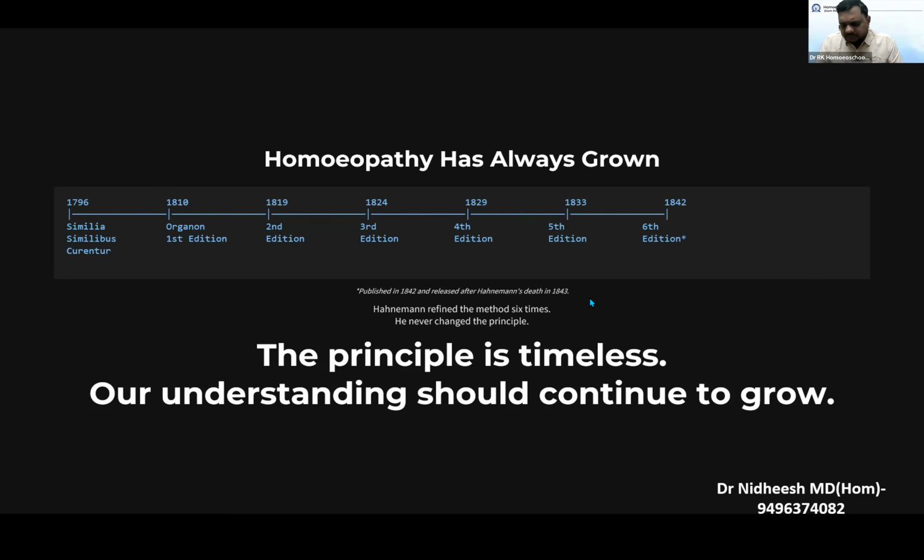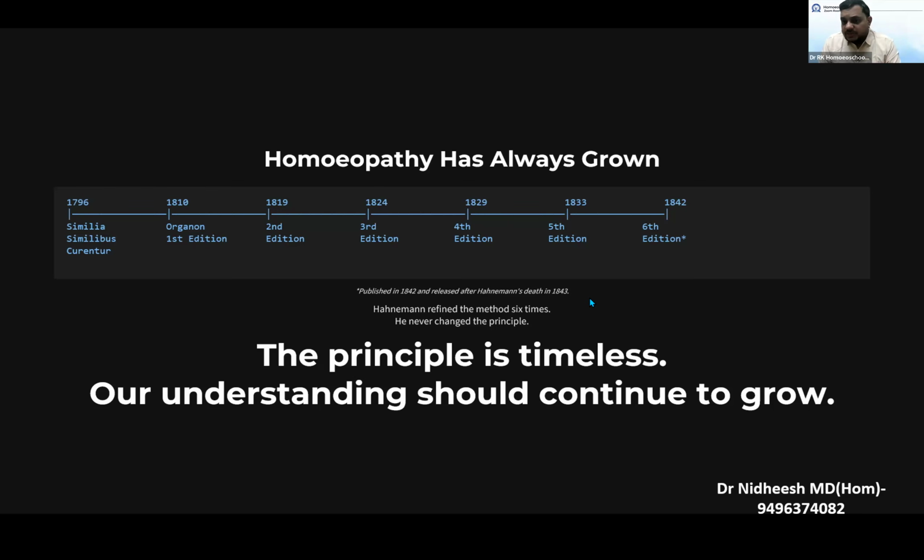Why? Because in the Master's time, the remedy was selected based upon the symptoms obtained in drug proving. From the Cinchona experiment to the last medicine he proved, the only criterion he used was observation.